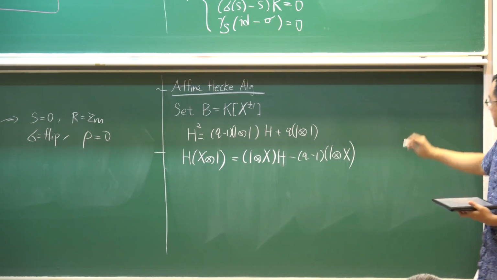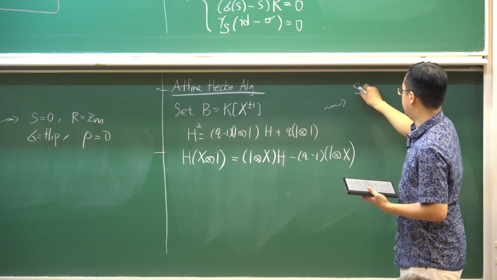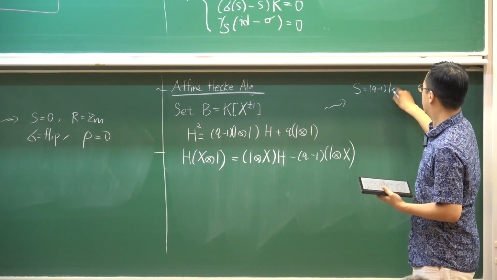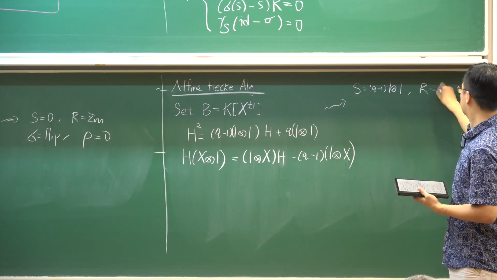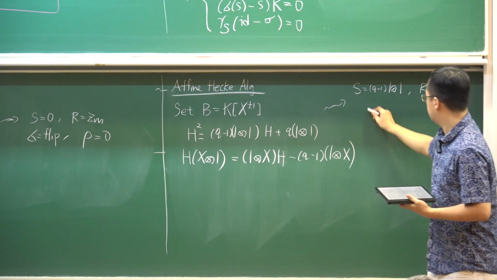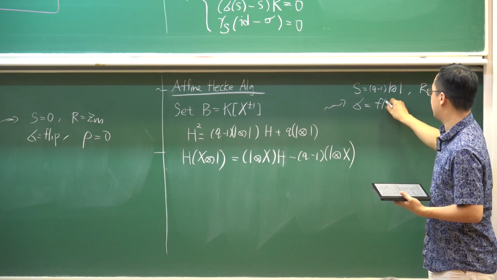So this is described as R. Sigma is, again, the flip map.